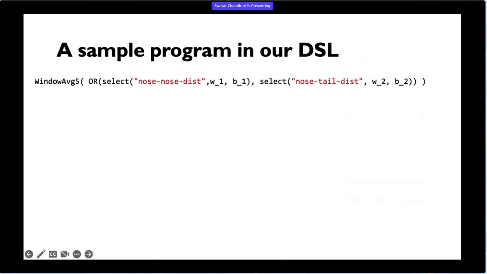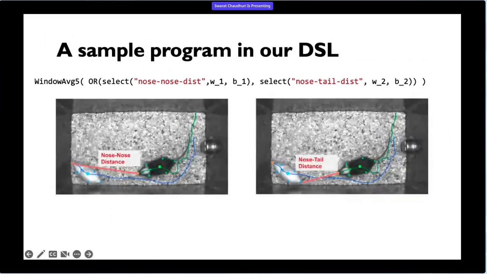Looking through the innermost section, nose-to-nose distance and nose-to-tail distance are the behavior attributes. These are given by a neuroscientist. The select function over here is just defining a linear classifier, and we'll use various optimization techniques to find the parameters of this linear classifier, the weight and the bias of these selectors.